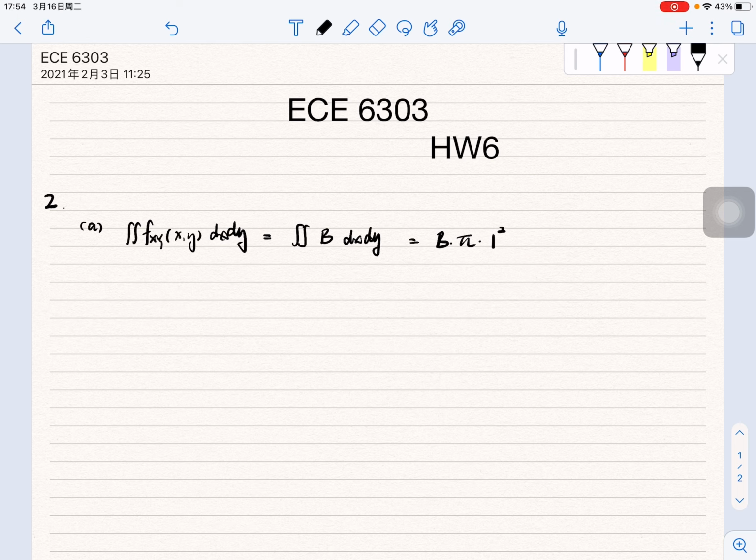To be a valid function, we need to let b pi equal 1, and then we can get b equals 1 divided by pi.